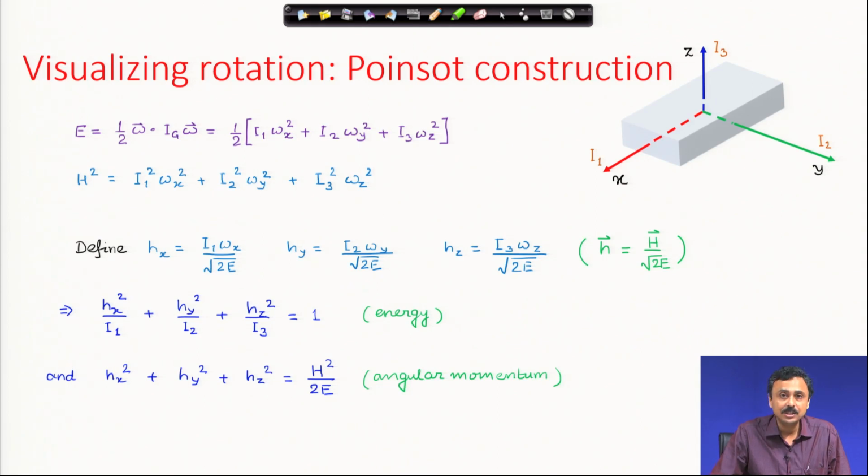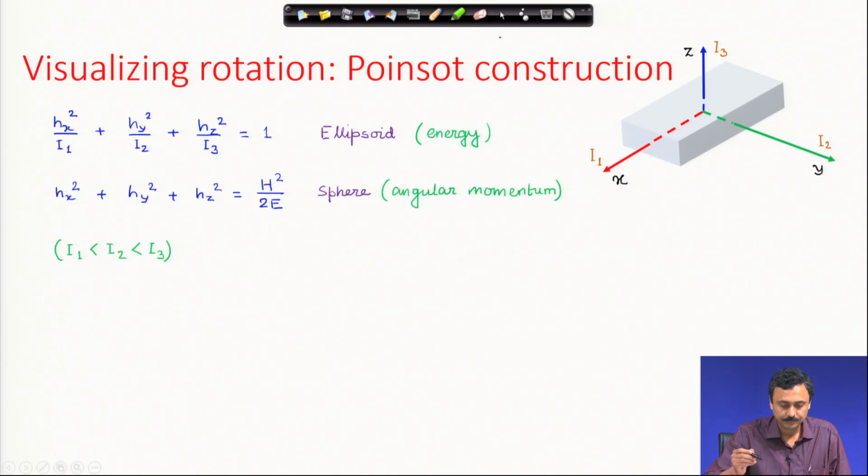Therefore, we have the energy conservation constraint and angular momentum conservation constraint as an ellipsoid and a sphere. There is no potential energy contribution, so the total energy is the kinetic energy only. Therefore, energy ellipsoid and angular momentum sphere. And note the ordering of the principal moments of inertia.